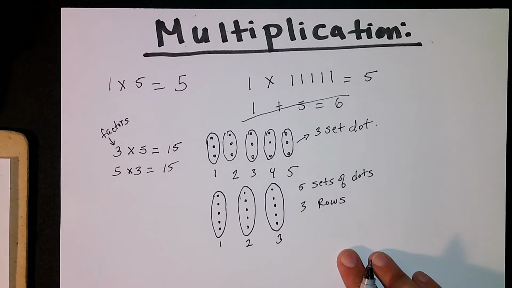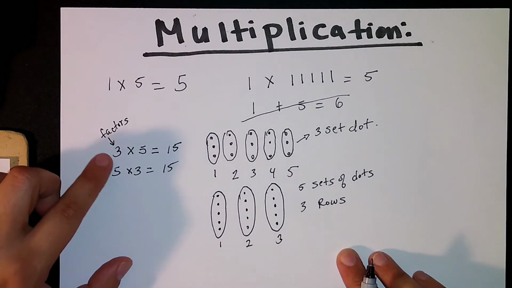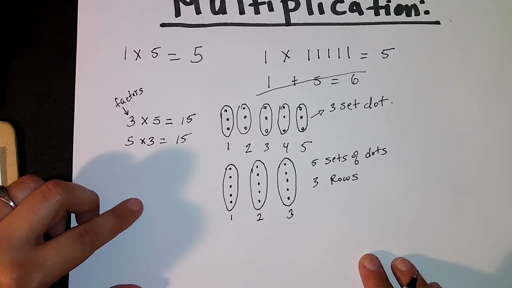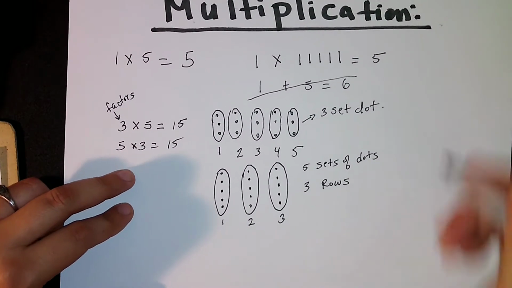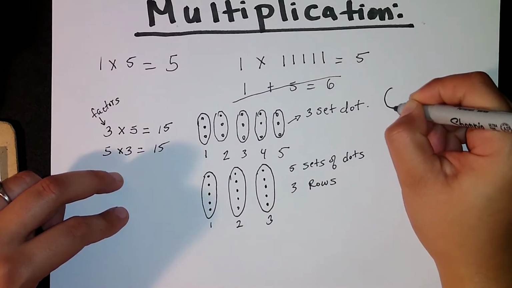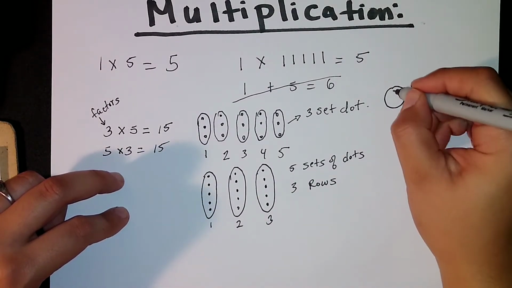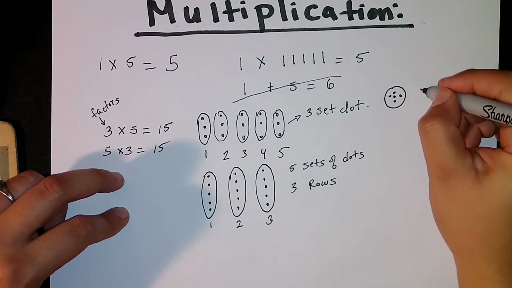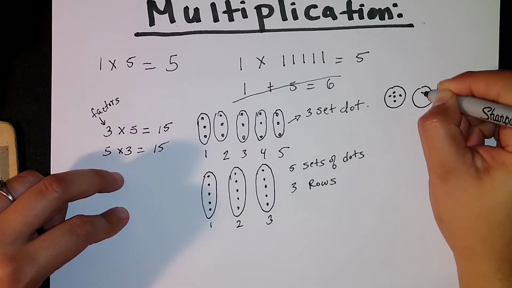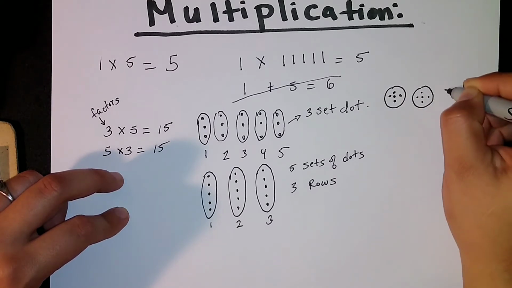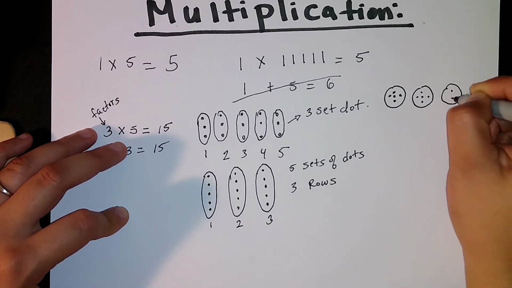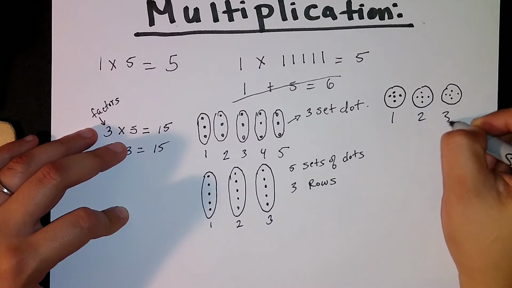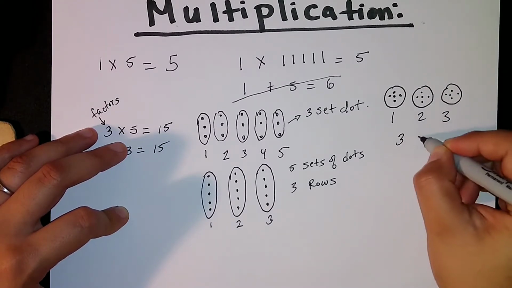Another way that I can show 3 times 5 is if I draw, let's say, cookies. This cookie has 1, 2, 3, 4, 5 chocolate chip cookies. This one also has 5 chocolate chip cookies. And then this one also has 5 chocolate chip cookies, and there's 3 cookies.